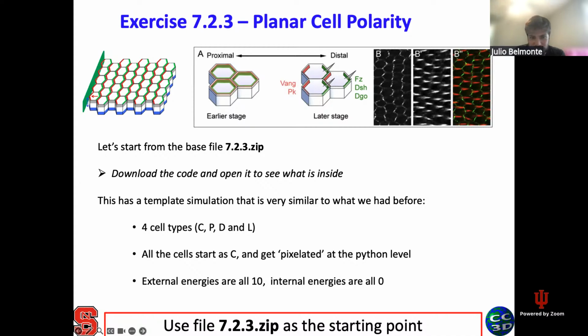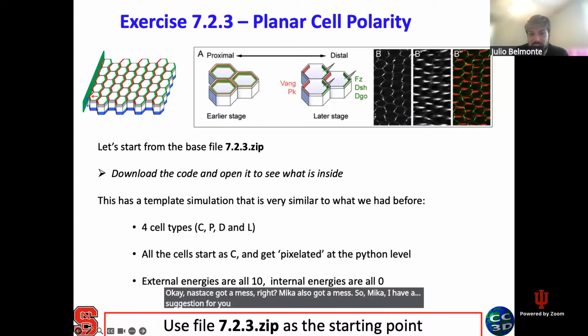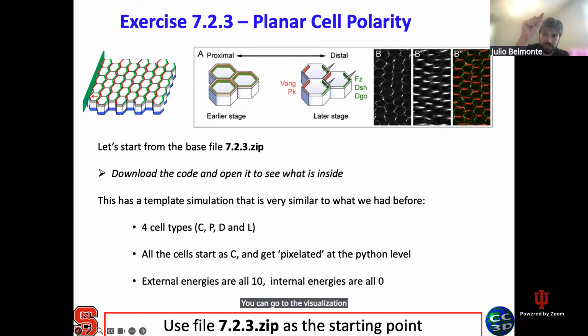Okay, Anastasia got a mess, right? Mika also got a mess. So, Mika, I have a suggestion for you. To better visualize what belongs to the same cell, what belongs to different cells, or what belongs to the same cluster, what belongs to different clusters, you can go to the visualization in the player.